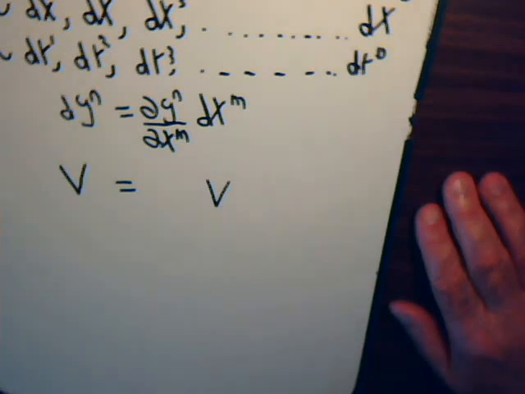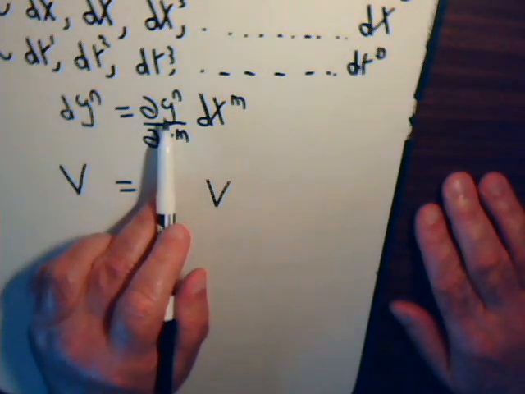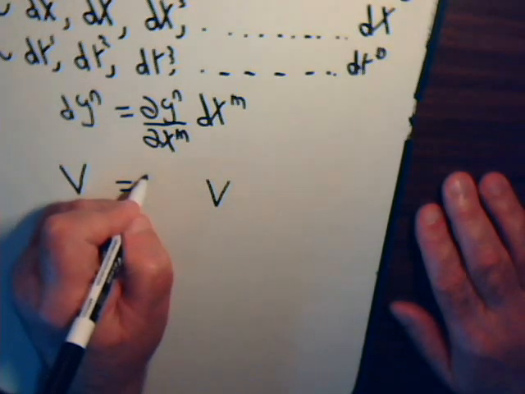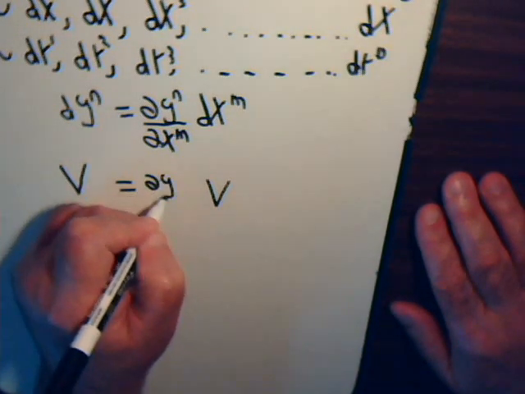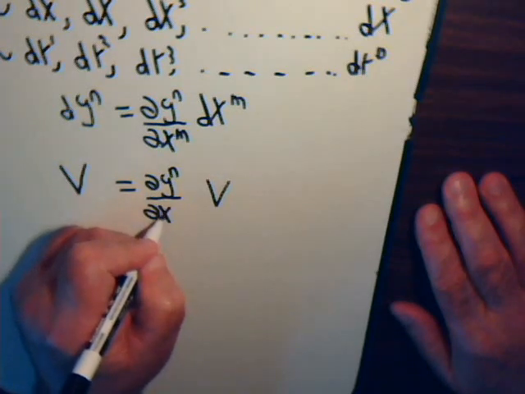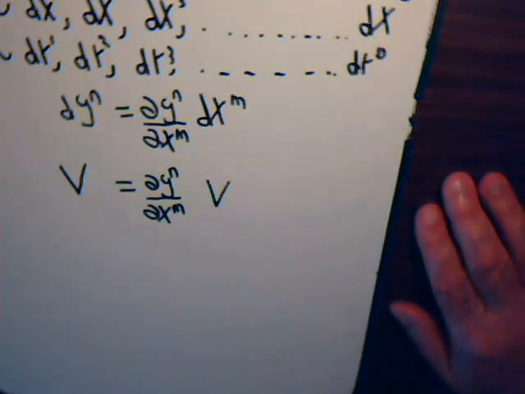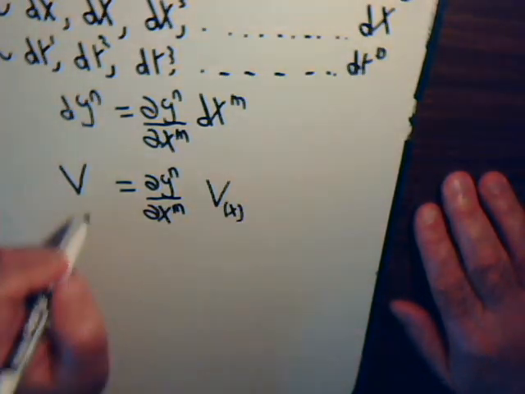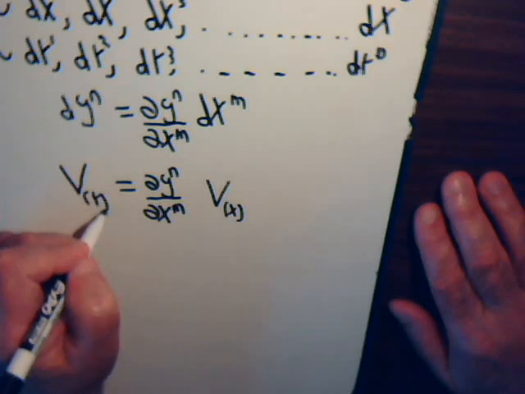And to do that transformation, we use the same set of derivatives as what we did for the displacement vector. Here we're in the x frame, and here we're in the y frame.